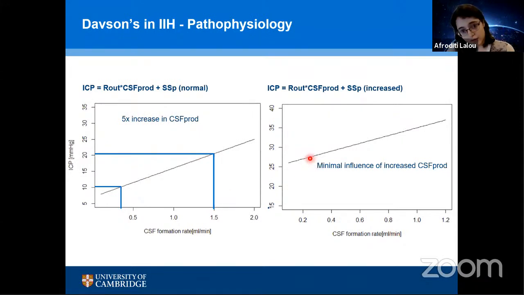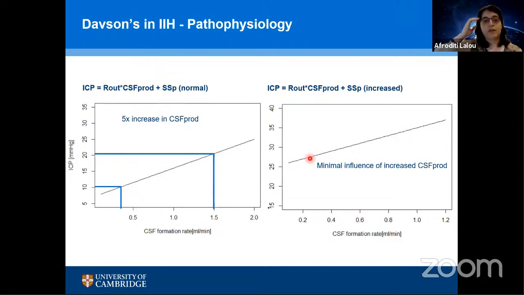However, not in a case where we know that the sagittal sinus pressure is increased and coupled with the CSF pressure. And that would be important for looking into further therapies and investigations in IIH in the future.